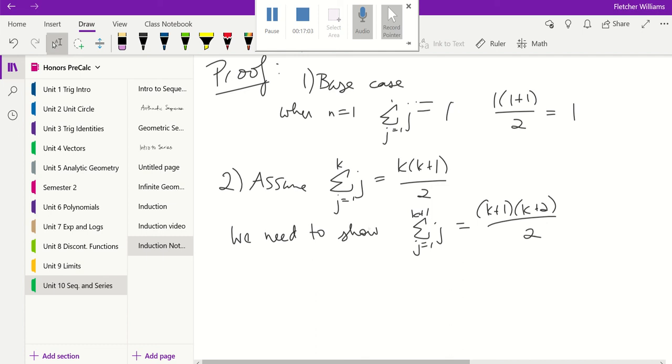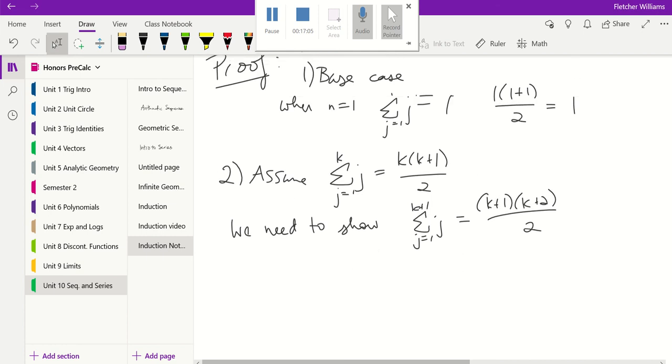So we have the base case. We know we've assumed what we're assuming. We need to show this now. So let's do it. Let's say, from 1 to k plus 1 of j, let's just start writing it out. That's 1 plus 2 plus 3 plus all the way up to k plus k plus 1. That's just the expanded form of that sum.